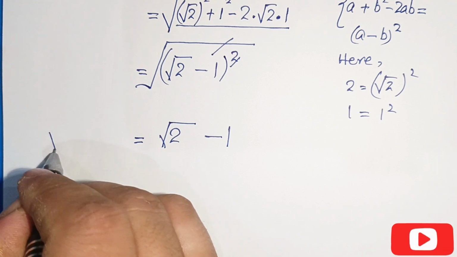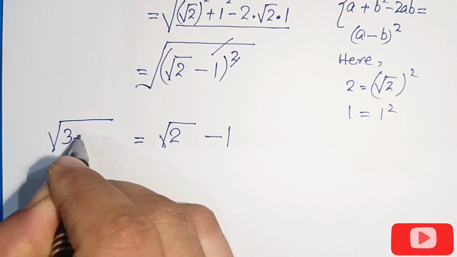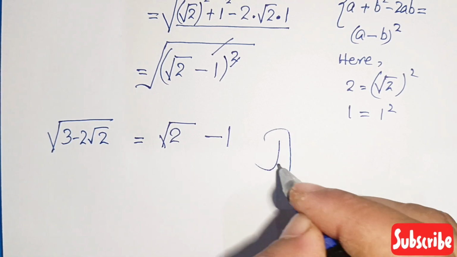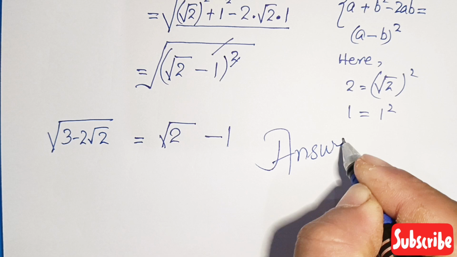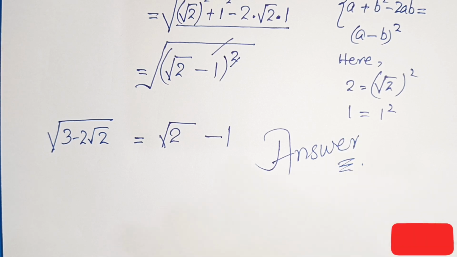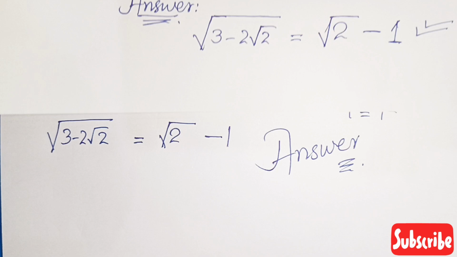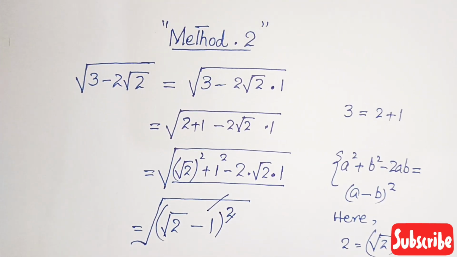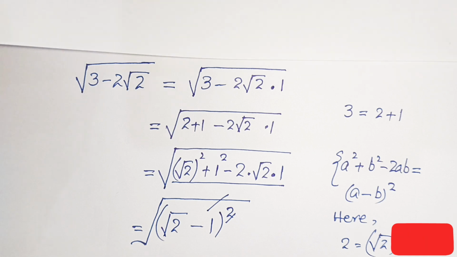So our final answer is that square root of 3 minus 2 times square root of 2 is equal to square root of 2 minus 1. We get the same result from method number 2. Method number 2 is a very easy and short solution.